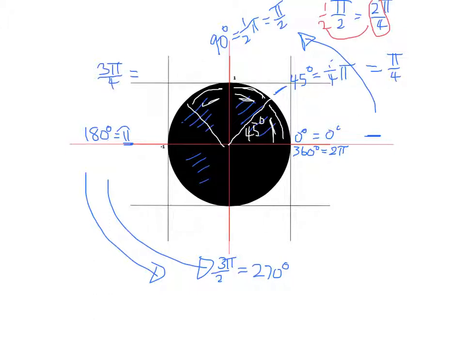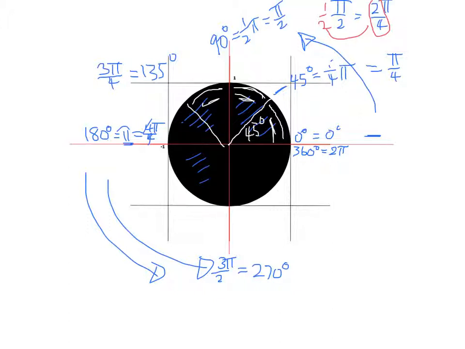And that's equal to 45 plus another 45 is 90, plus another 45 is 135 degrees. And then we go all the way around to this 180 degrees, which is the same as 4 pi over 4, because you've got 4 quarters that made that up. Okay, and those 4s just cancel down to give you pi.